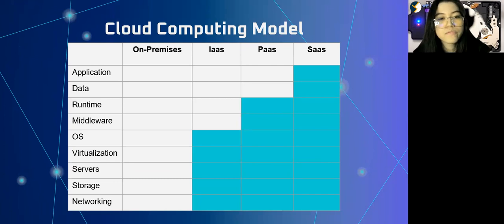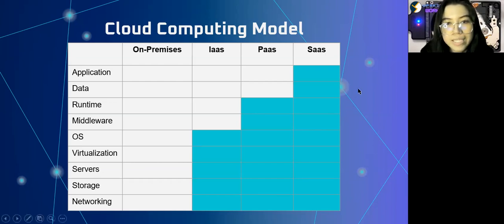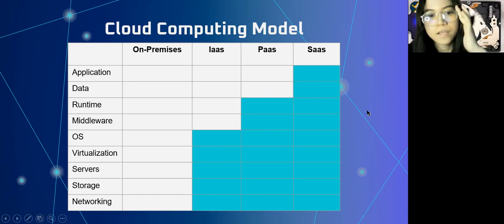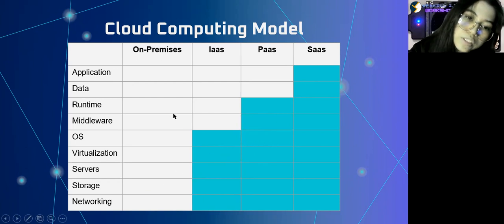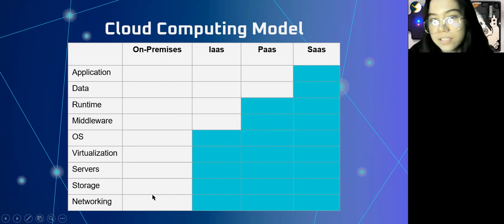Okay, so for further understanding of the cloud computing models, we have this table that represents the things included in those models. The shaded part, the sky blue ones, are being managed by the provider, while the white ones are being managed by you as the business owner.